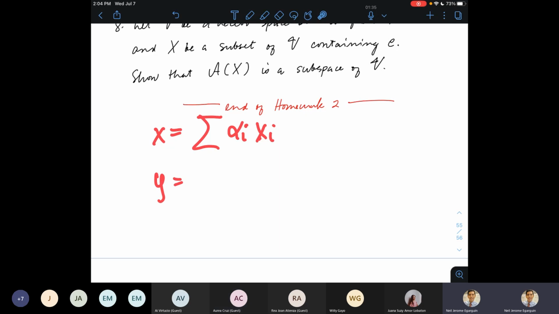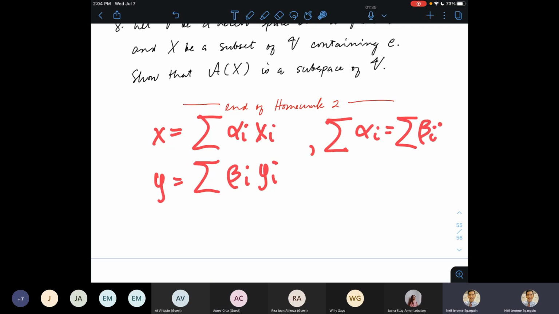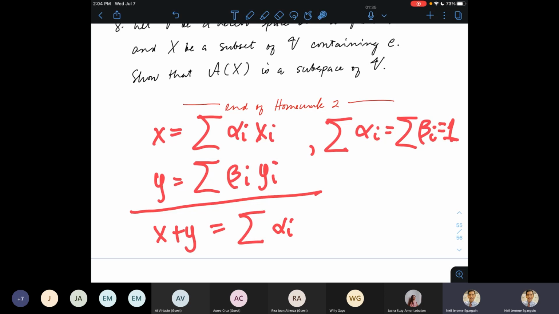Si Y, nasa affine siya, pwede ko siyang masulat na ganito. But the alphas and the betas sum to 1. The sum of alpha i, sum of beta i must be equal to the unity. Yan yung condition. So when you add them, kakaroon ka ng X plus Y equals alpha i Xi plus beta i Yi.